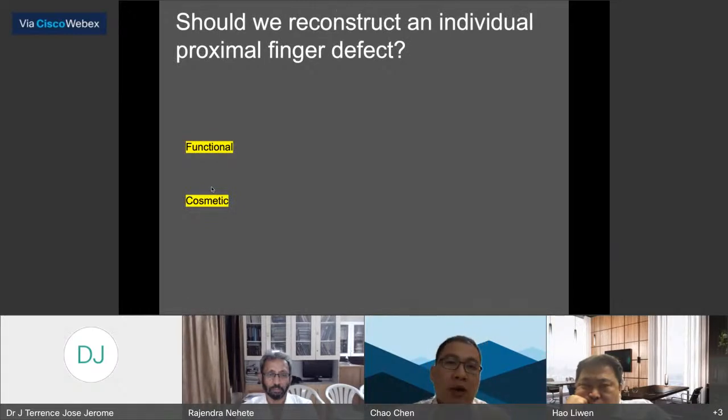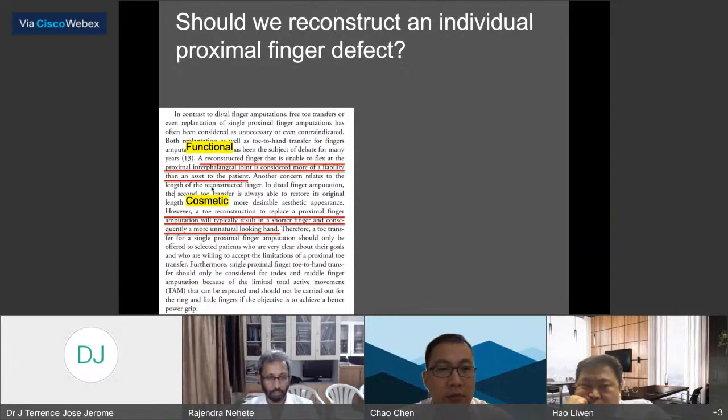And why is proximal finger amputation considered a contraindication? There are two aspects. First is functional. It is said that a reconstructed finger is unable to flex as the PIP joint is considered more of a liability than an asset to the patient.